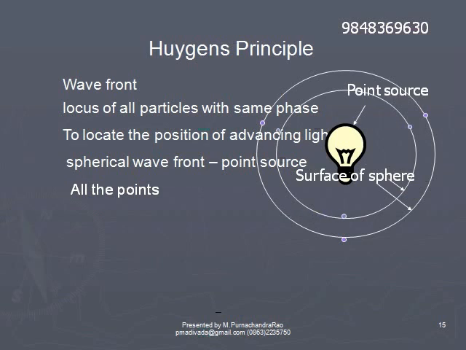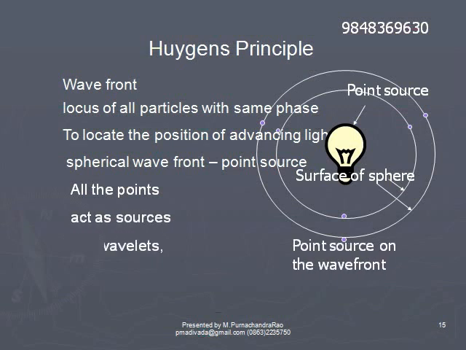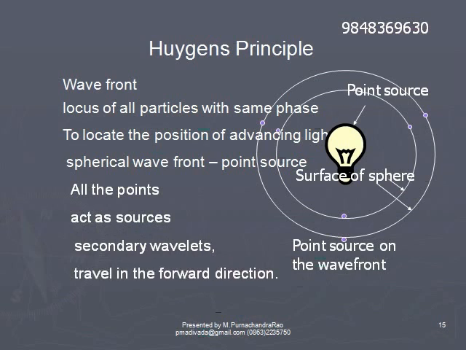These wavelets will not travel in the backward direction. They will travel only in the forward direction. Like this, light will be spreading, and once again we will get another wavefront, which will also be a spherical wavefront. To understand the advancing of light, we use this concept of wavefront.